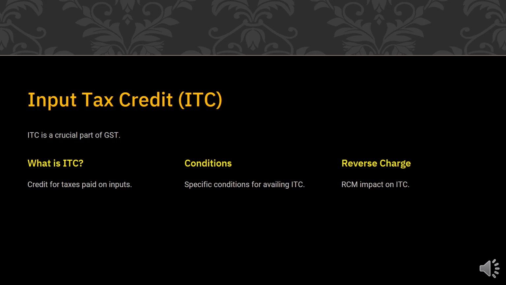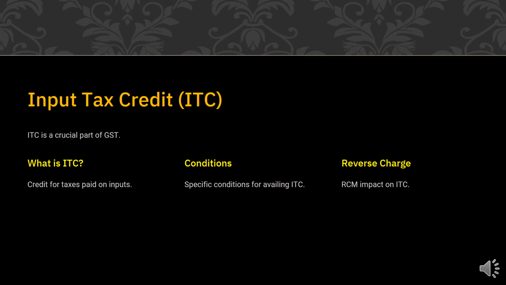It means the amount of ITC reported in GSTR 3B will be a total of actual input tax credit in GSTR 2B. The provisional ITC of 5% of actual ITC in GSTR 2B will no longer be allowed. Hence, a regular matching of the purchase register or expense ledger with GSTR 2B is crucial.